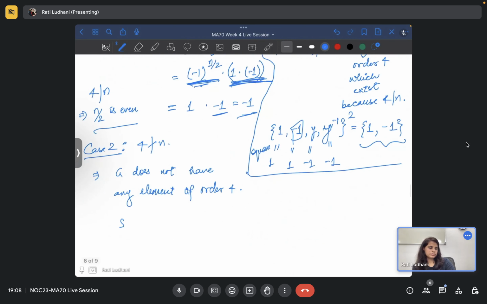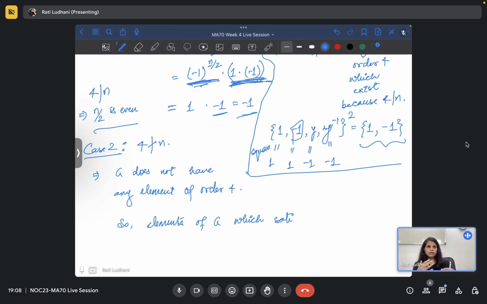So elements of G which satisfy x raised to power 4, we don't know about the bigger field K, will it have the order 4 elements or not, but at least in G we don't have this condition.